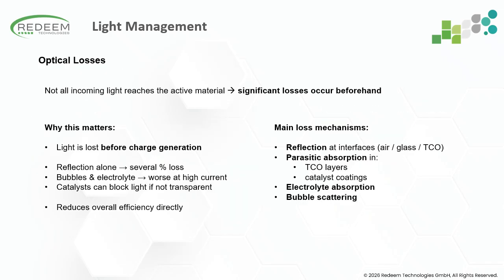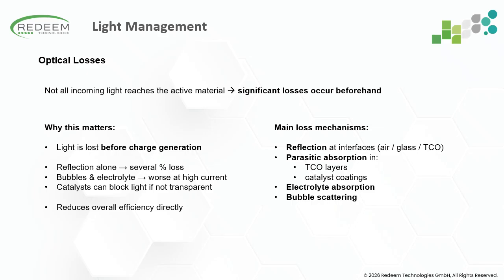Even after choosing the illumination direction, not all incident light is actually reaching the photoactive material. Every optical loss that occurs before photons are absorbed is irreversible, because no electron-hole pairs can be generated from photons that never arrive at the semiconductor. This is important because optical losses directly reduce the maximum achievable photocurrent and therefore the overall efficiency of the reactor.